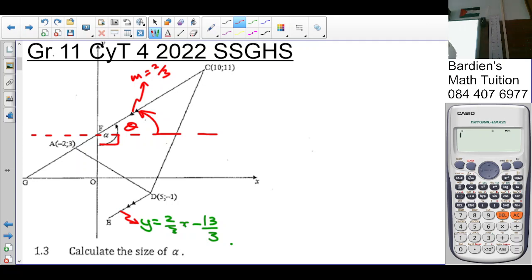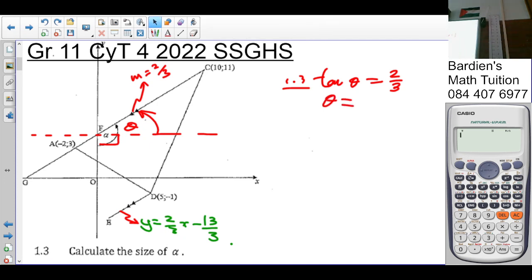So let's go. 1.3, we say tan of theta equals 2 over 3, so the gradient of AC. So theta is equal to arctan of 2 over 3. You get an answer of 33,69, which is this angle here, plus the 90.